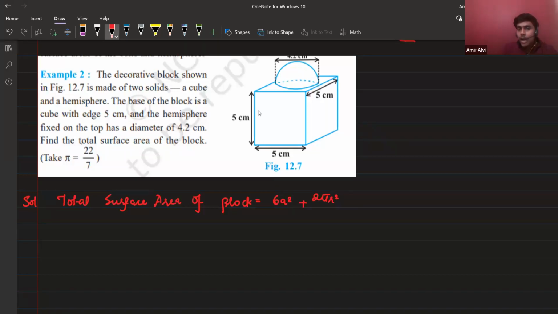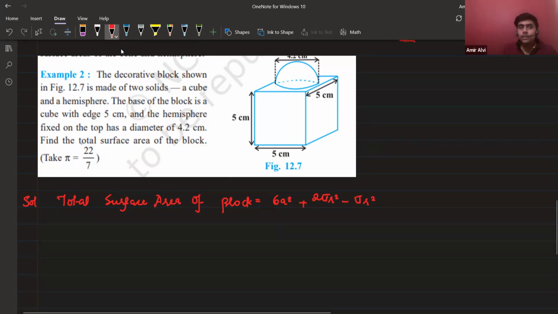Because I have to subtract the area of circle, since I have already taken that area of circle in the total surface area of the cube. Minus pi r square. So total surface area of cube plus curved surface area of hemisphere minus area of base.